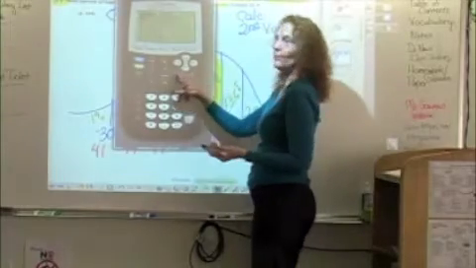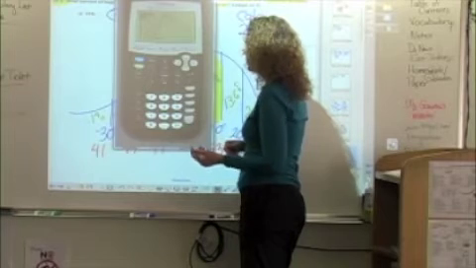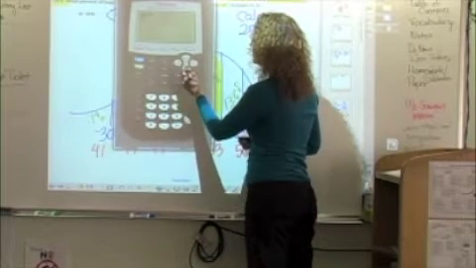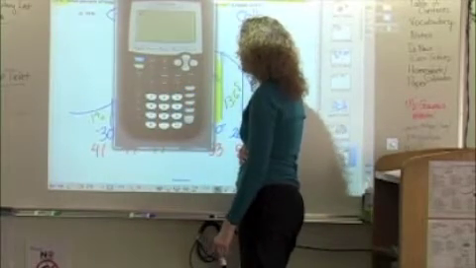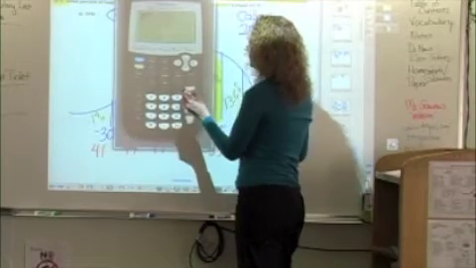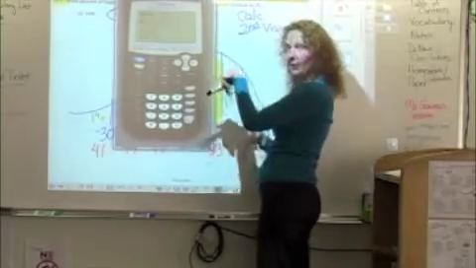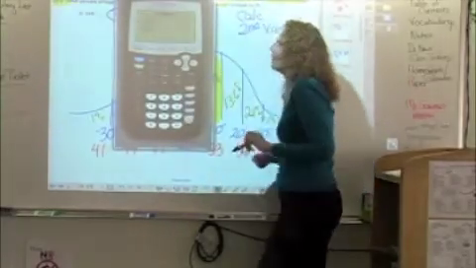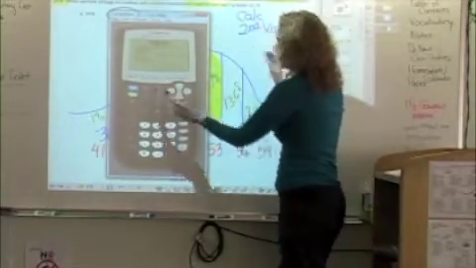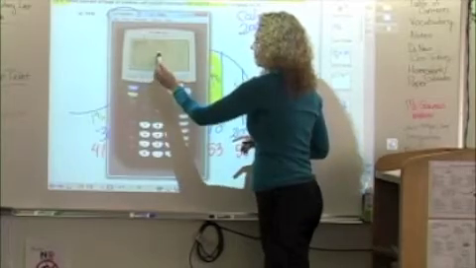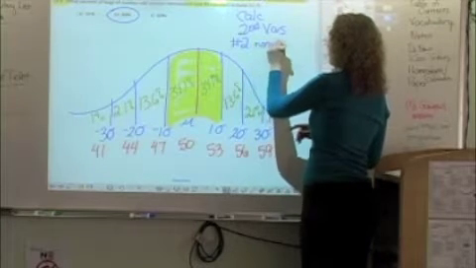That gets us to DISTR. Sorry, I had a brain spasm. We're going to go down to 2, if you remember how to do all this. We haven't done it in a while. Our lower would be the smaller value. So it's second VARS, you come down to number 2, normal CDF.